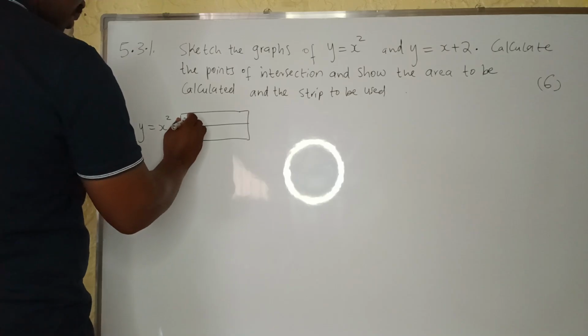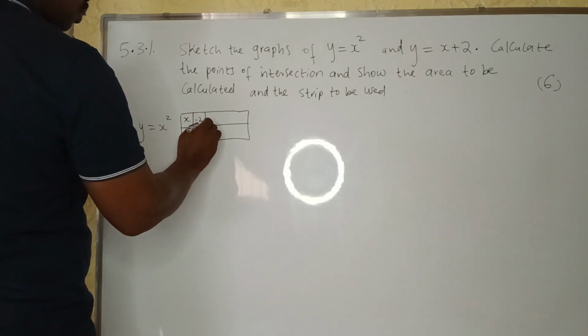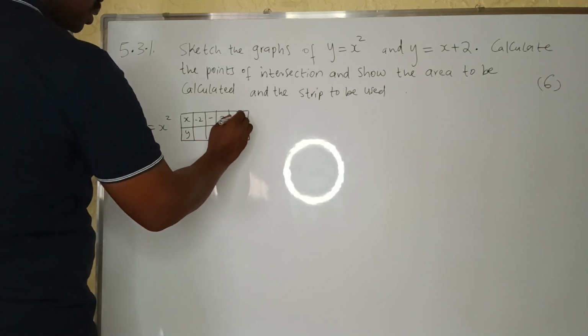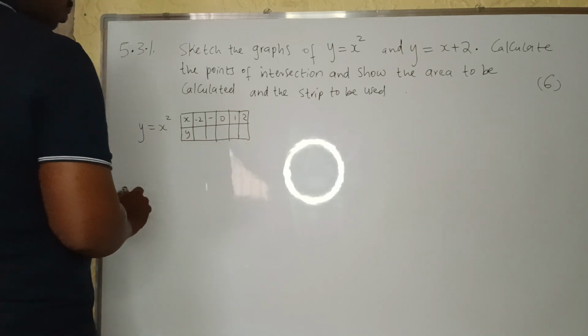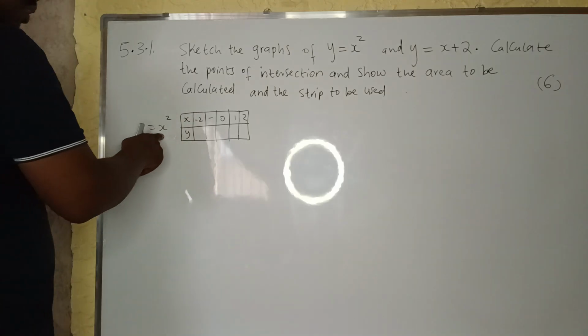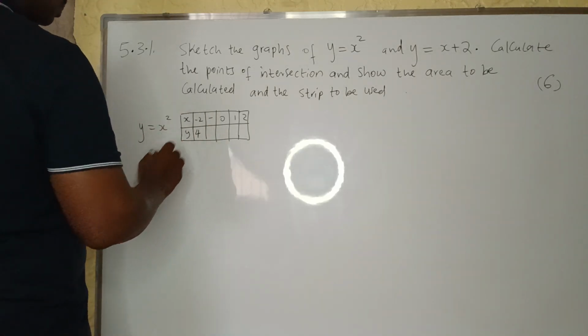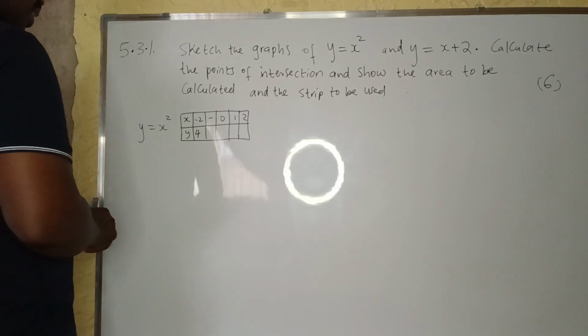X and y. For our x, we can choose -2, -1, 0, 1, 2. So when you have -2 as the value of x, you will be having 4 as the value of y.